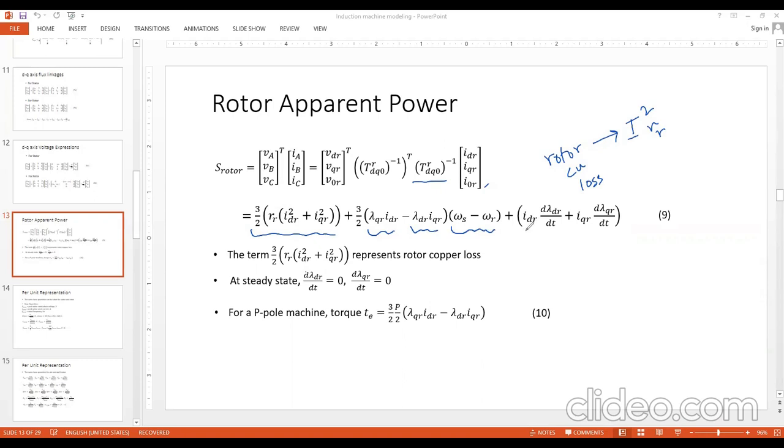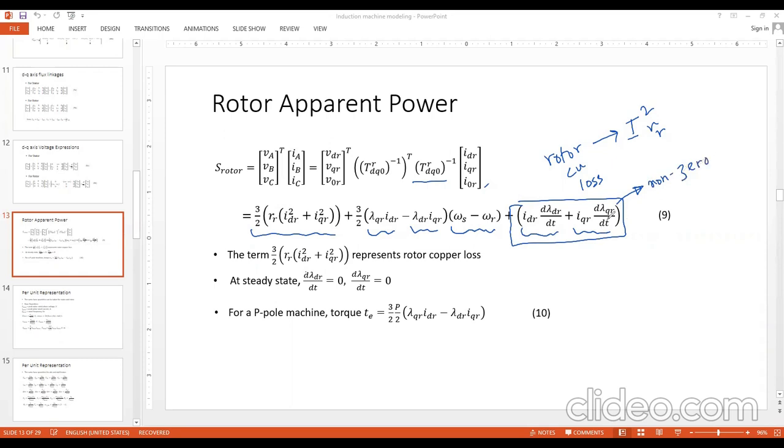Come to the last part. The last part is IDR multiplied by the rate of change of flux linkage plus IQR into the rate of change of flux linkage. So this part is purely associated with the dynamic time frame. Whenever your machine is under dynamic or transient conditions, these would be non-zero.